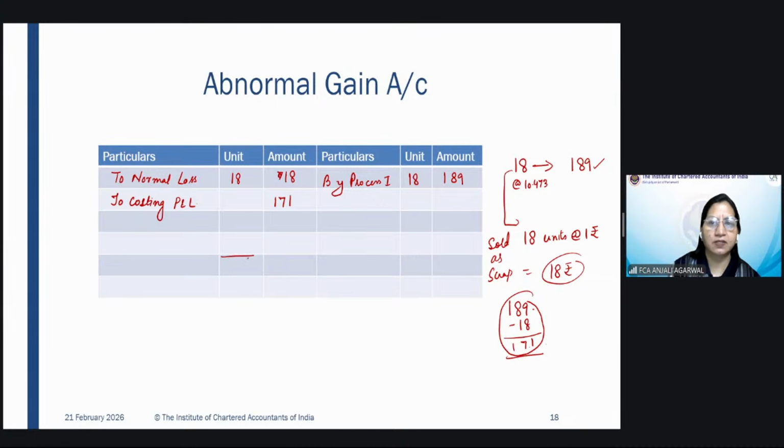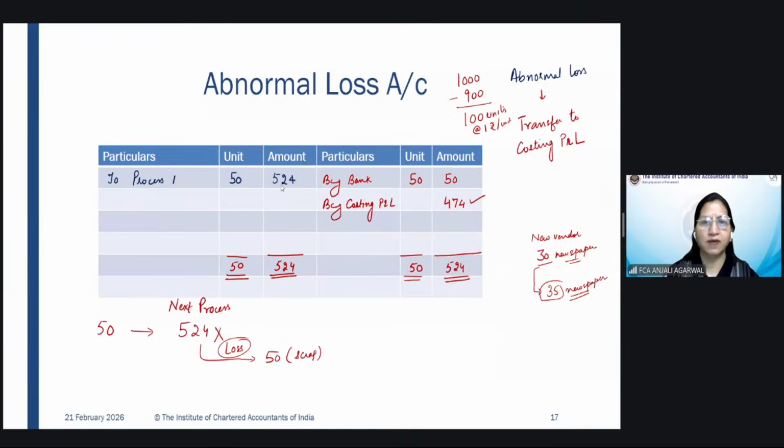Now look at it. Do the units tally with the units? Yes. Does the amount tally with the amount? Yes. So the normal loss account will remain the same irrespective of what is happening. However, if there is an abnormal gain, there will be a change in normal loss. Why?